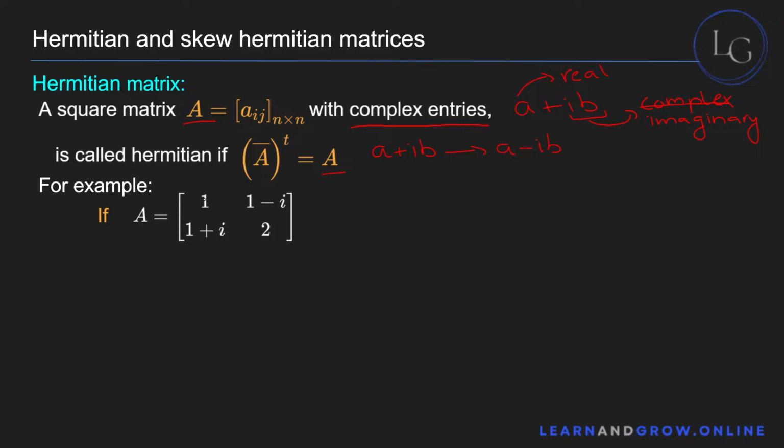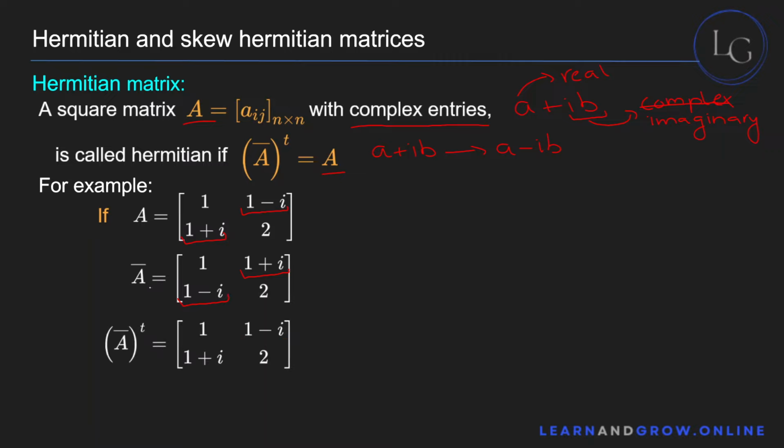Now it has two real numbers in the principal diagonal, and it has two complex entries. So basically, in the conjugate of A, the real entries will remain real entries, we will not change them, but the complex entries will take their conjugate. So basically, 1 minus i becomes 1 plus i, and 1 plus i becomes 1 minus i.